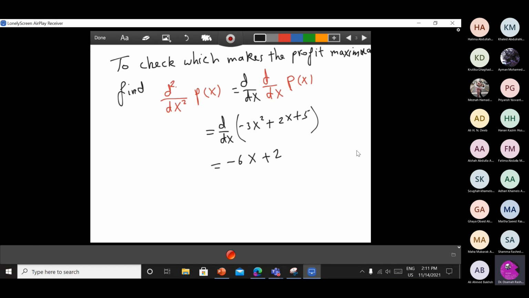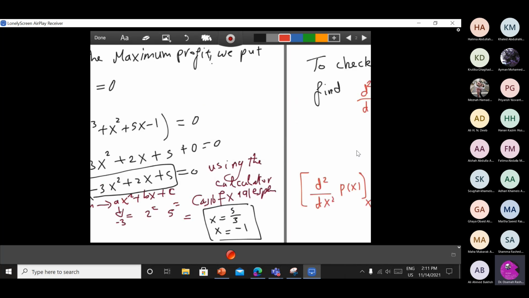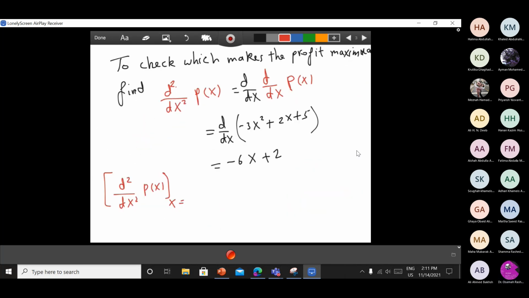I substitute in this second derivative when x equal to what? The first x was 5 over 3. So I substitute here by x equal to 5 over 3. Plus 2. 3 with this one will be minus 2. Minus 2 times 5 is minus 10, plus 2. I have minus 8. And also, is this negative or positive? This is negative.